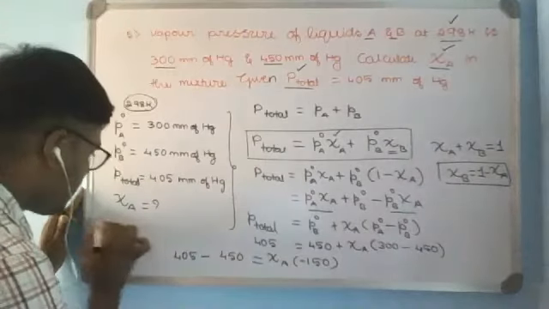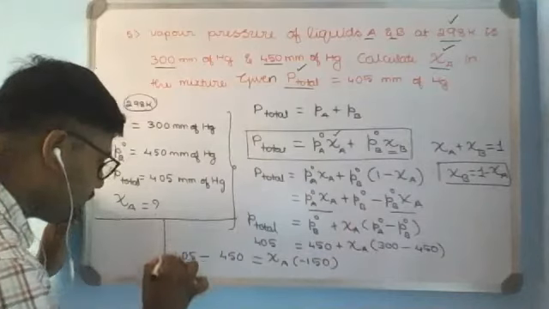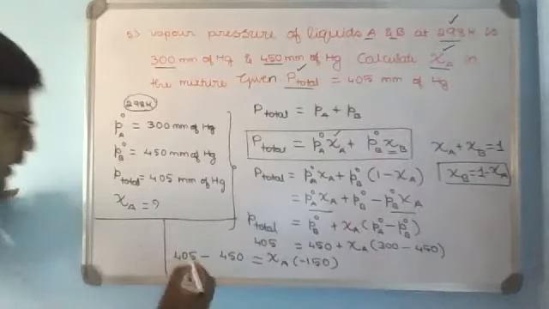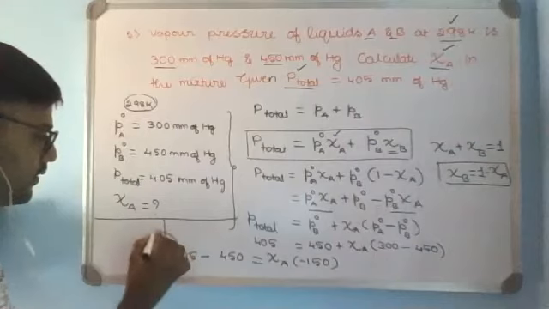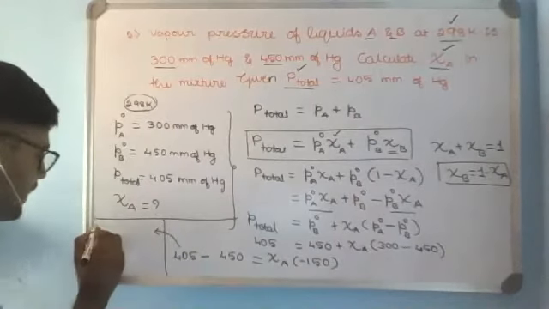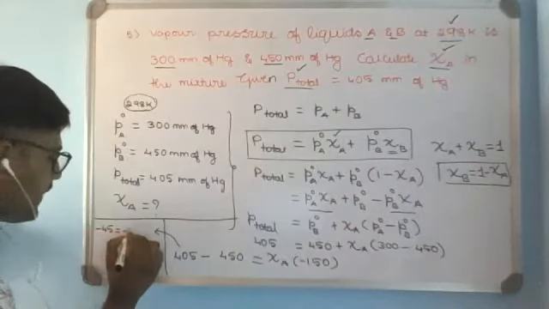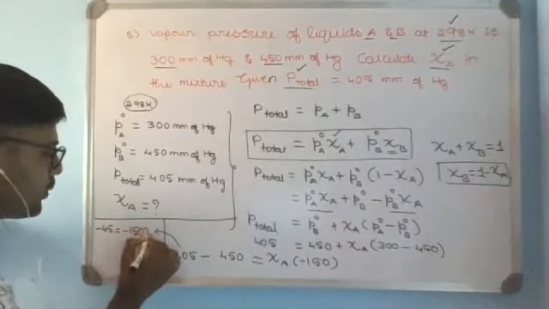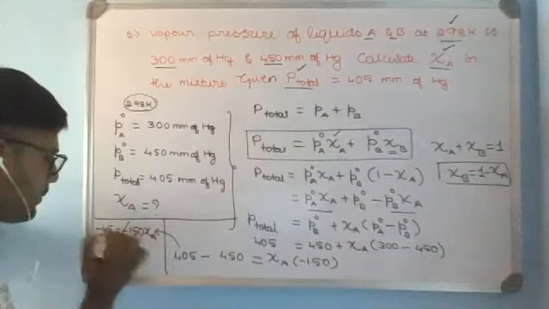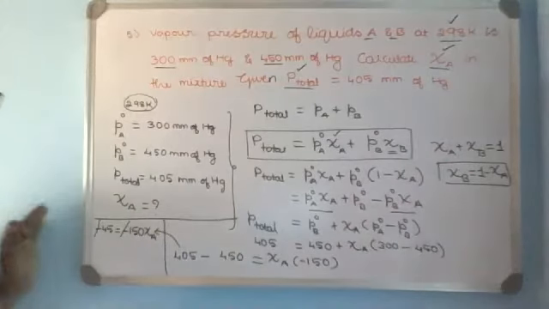Due to lack of space, I will be writing here, focus clearly. It is 405 minus 450, which is minus 45, equal to minus 150 mole fraction of A. The minus on either side we can cancel.